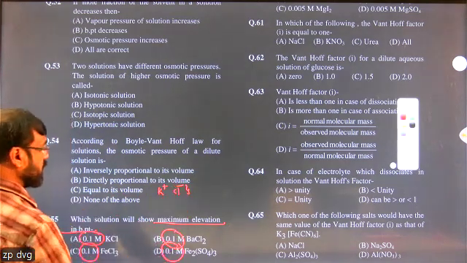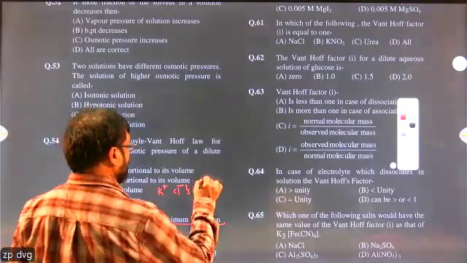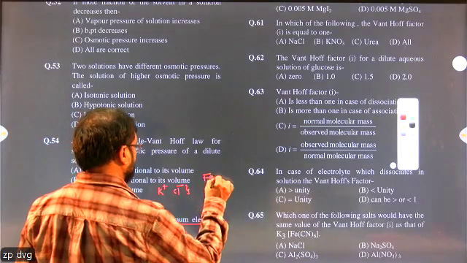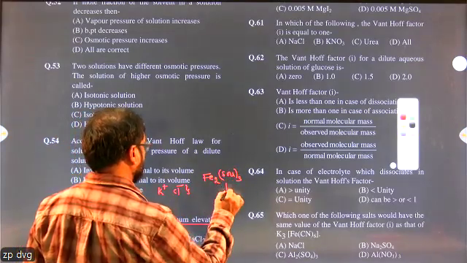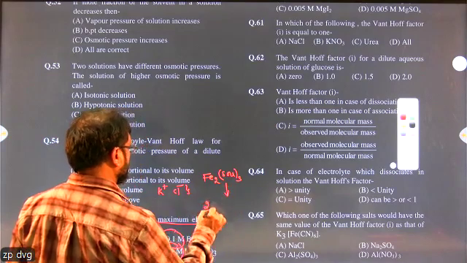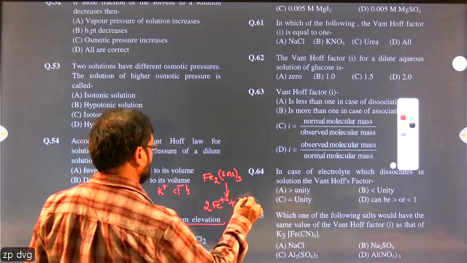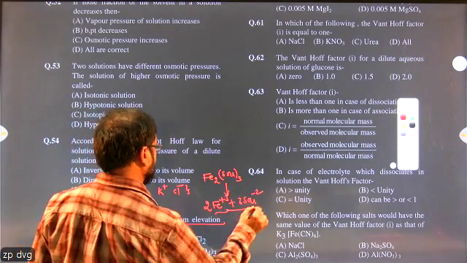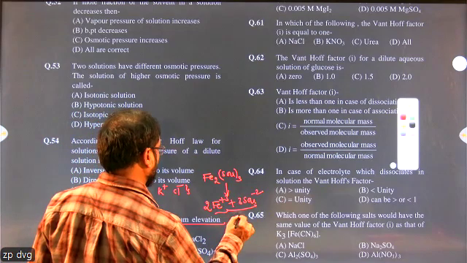But if you take option D, it is ferric sulfate, Fe2(SO4)3. How many particles can we get? 2 Fe3+ and 3 SO4 2-. The total number of particles is equal to 5 particles.